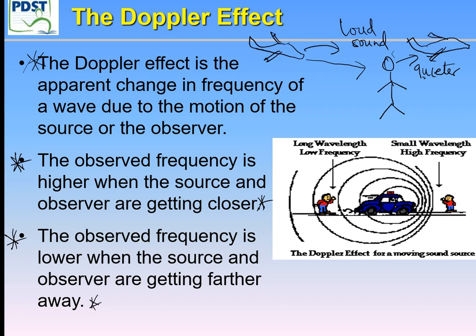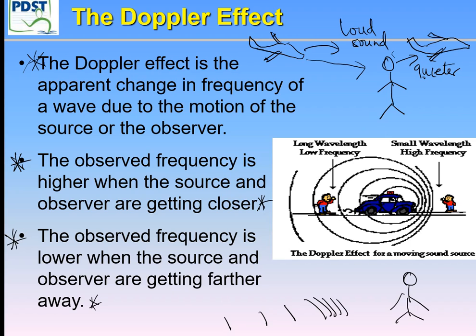So what does it mean? Think about approaching water. So there is a person here, and there is water approaching that person. You know, in the front of the water, the waves are close together, but at the back of the water, the waves are further apart from each other because their strength has decreased.